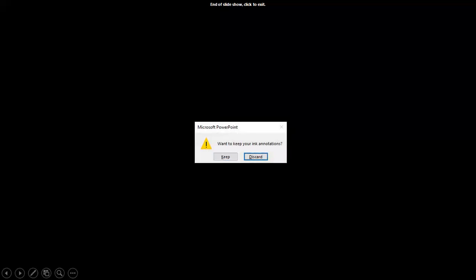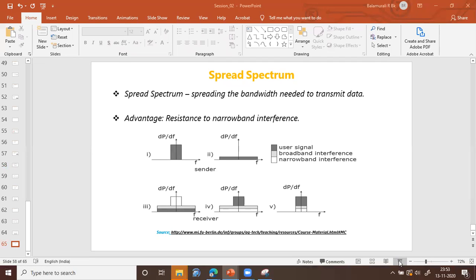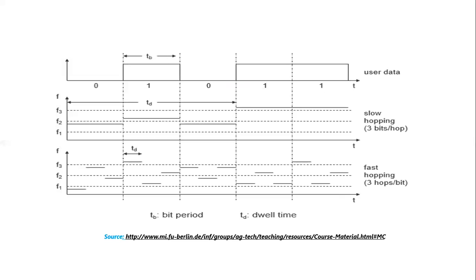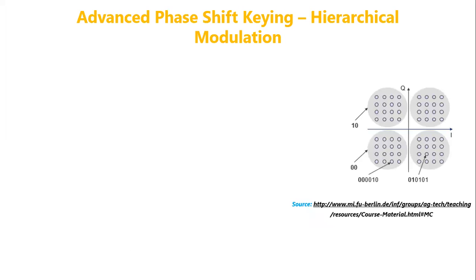So in this particular lecture, what we have discussed is, first, the concept of spread spectrum. Spread spectrum spreads the signal across the frequency domain. Why are we discussing this concept?